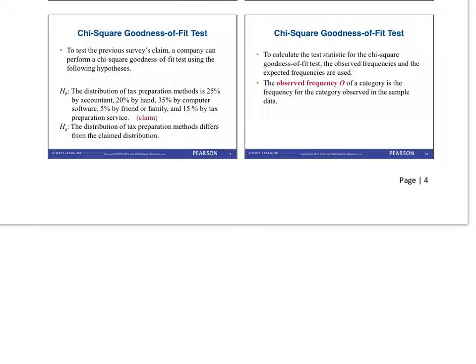So in order to decide if we have a different distribution, we're going to calculate again something called a chi-square statistic. And in order to do so, we're going to have to look at some observed frequencies, which come from a survey, and compare them with expected frequencies. Okay, flipping the page.